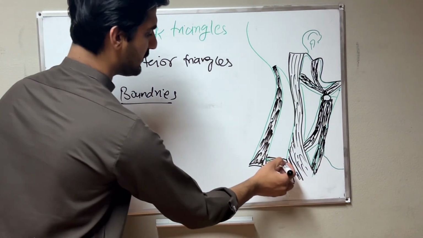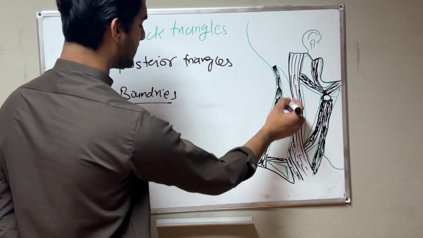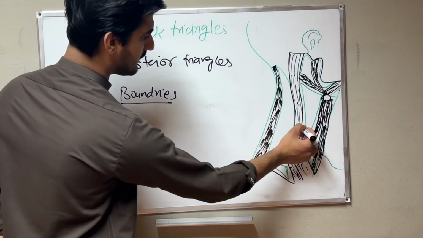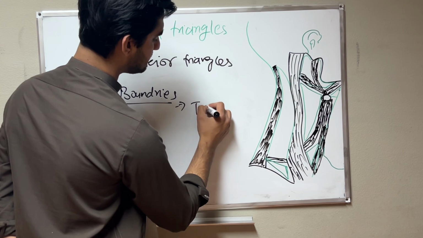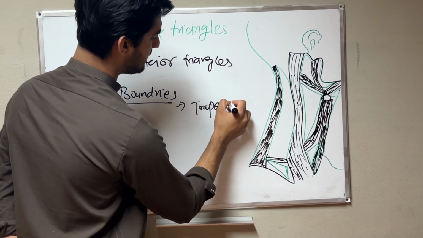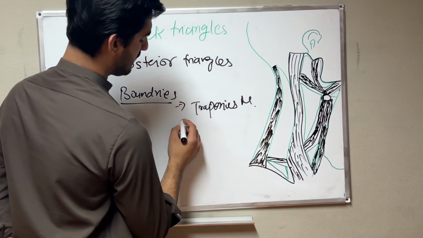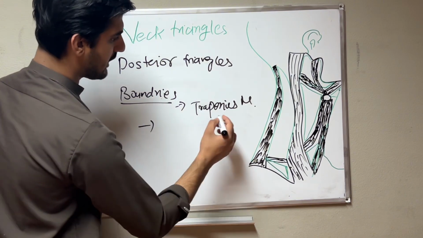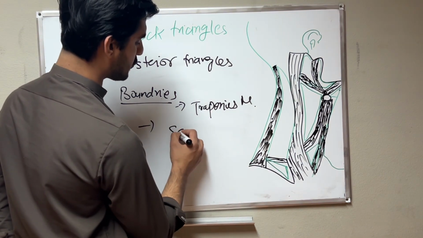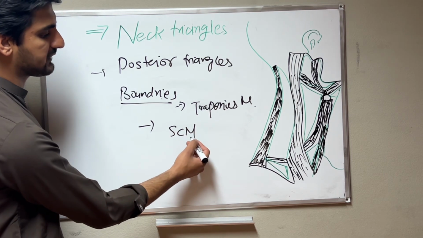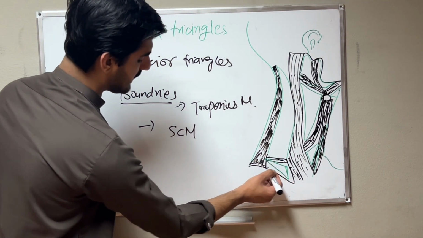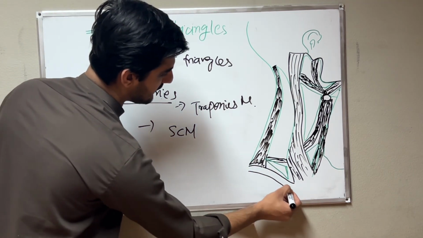Now, this is the posterior triangle, and here we have its boundaries: the trapezius muscle, then the sternocleidomastoid muscle, SCM meaning sternocleidomastoid, and here we have the clavicle bone.